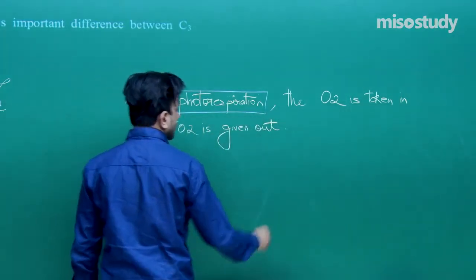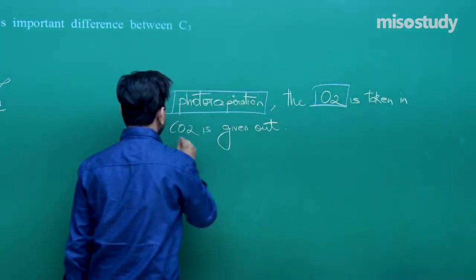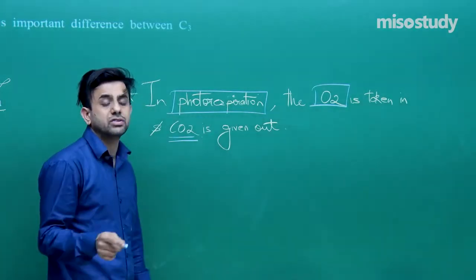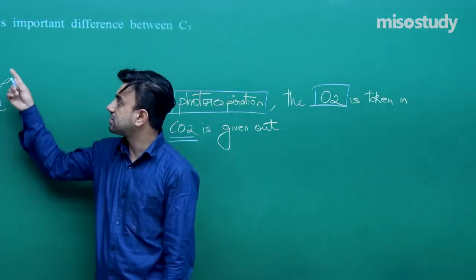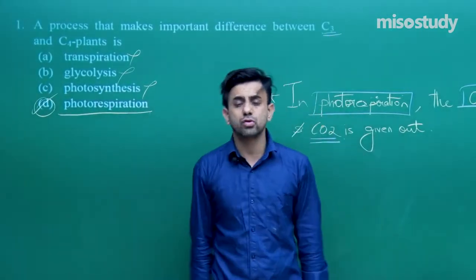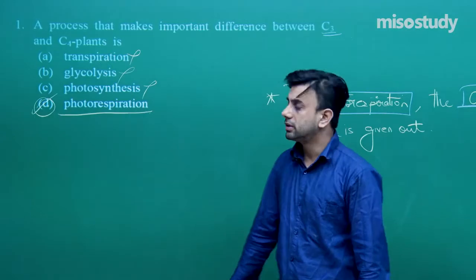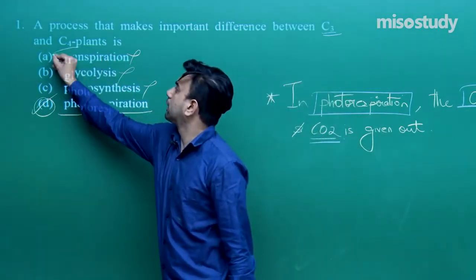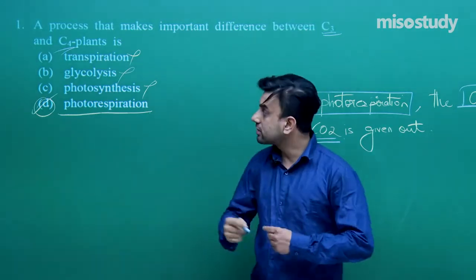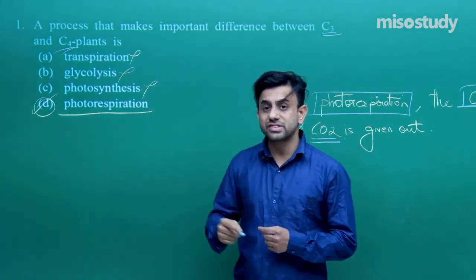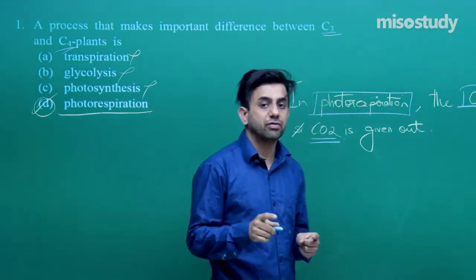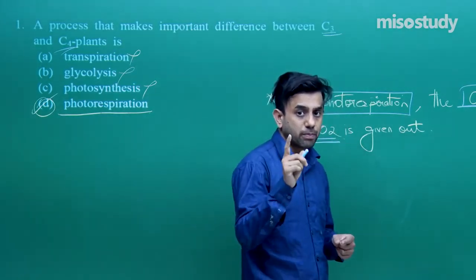So then what do we see? All the C3 plants, the Calvin cycle plants, will be having this photorespiration. However, the C4 plants will be avoiding this photorespiration by the Kranz anatomy, and that is how photorespiration will differentiate between the C3 and the C4 plants.